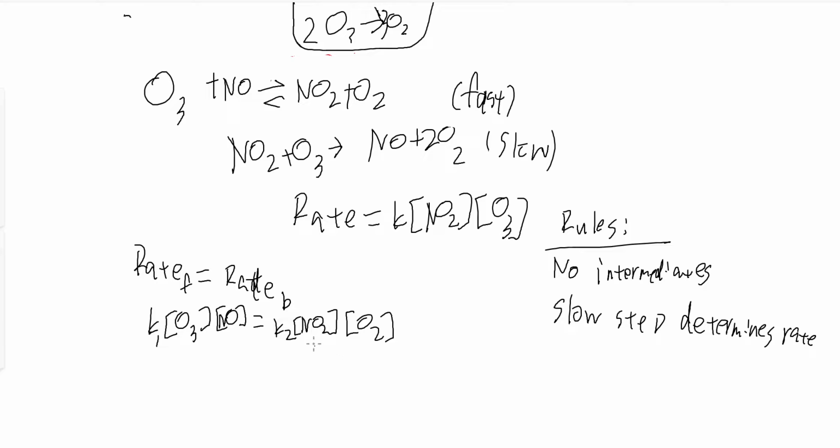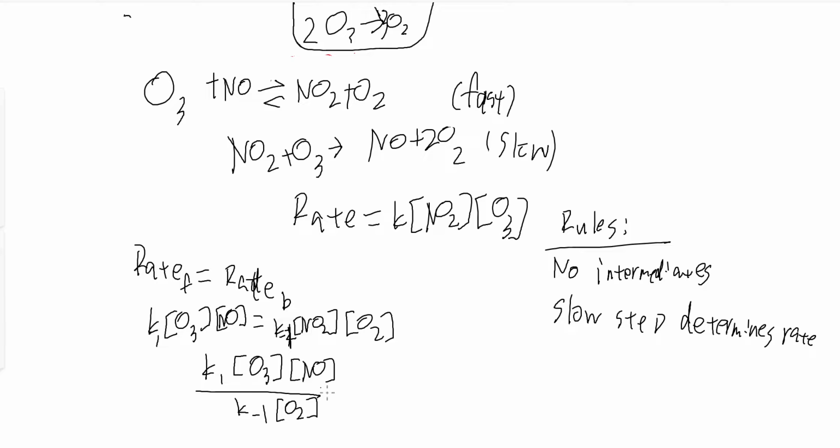Let's call that k minus 1. Now you'll notice that k minus 1 has that NO2 that we're looking for. Hooray! So let's substitute that in and solve for NO2 here. We then have k1 O3 times NO over k negative 1 times O2.